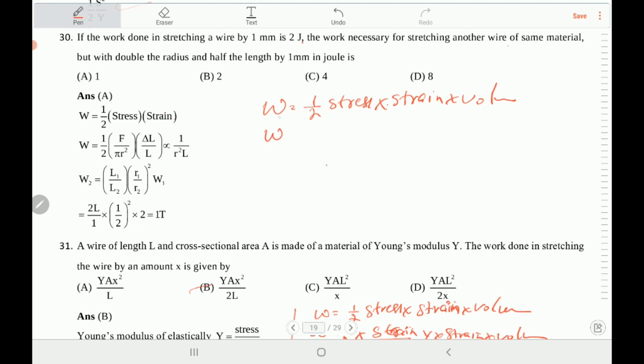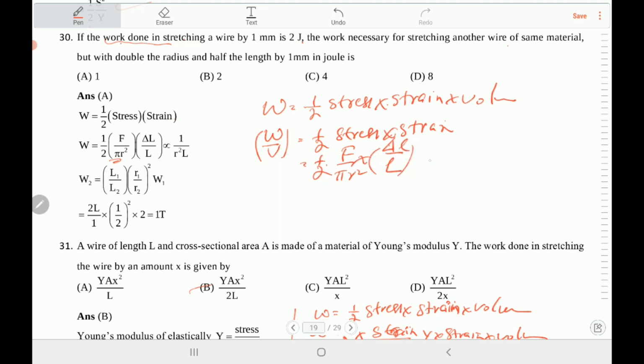That's why work per unit volume. You have to add that word in the question. Work per unit volume is equal to half into stress into strain. Stress is force per unit area, and for a cylindrical wire that is pi r square. Into strain, change in length by original length.